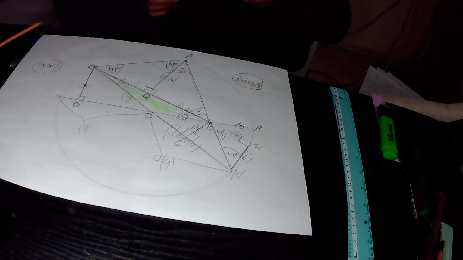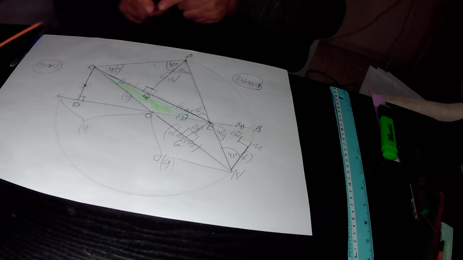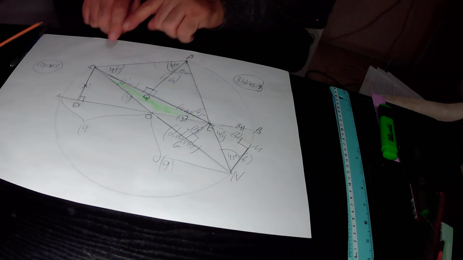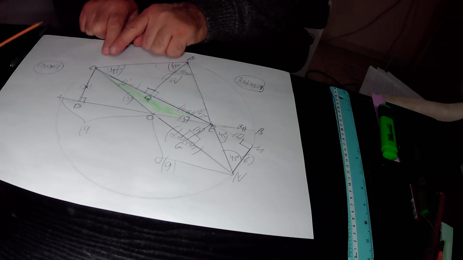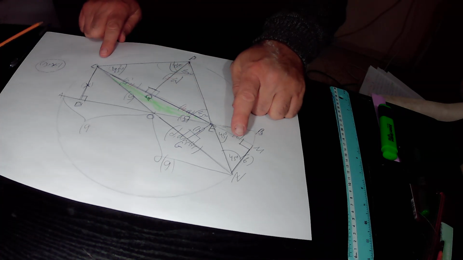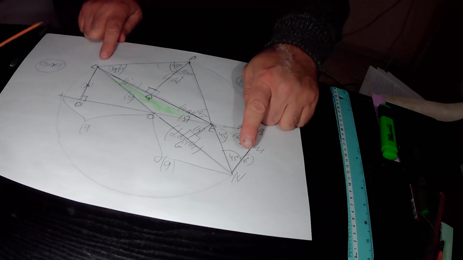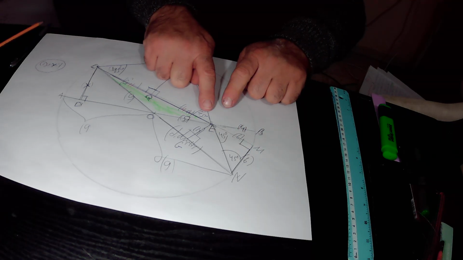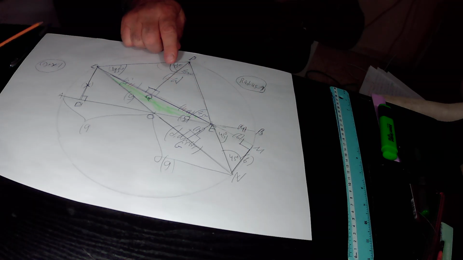We know that the height must be at 90 degrees to the base, or we can say also that the height must be at 90 degrees to the extended base. The extended base CO is CN. Therefore, the height must be at 90 degrees to CN. So from point E, we drop a perpendicular onto CN, and this will be the height.